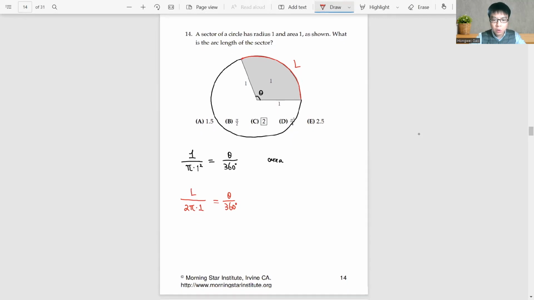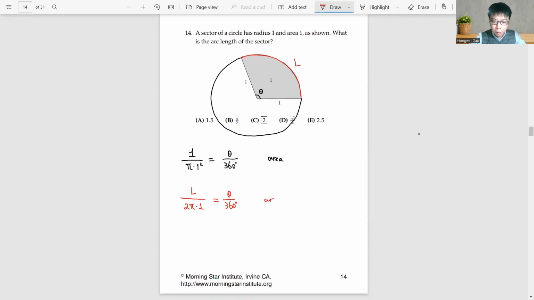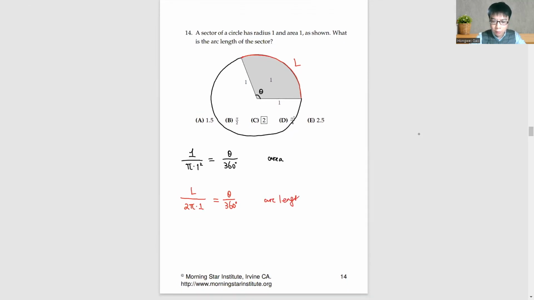Now, using these two equations, we can solve the arc length. So 1 over pi equals L over 2 pi. So L equals 2. The answer here is 2.